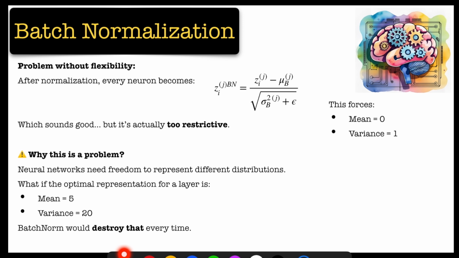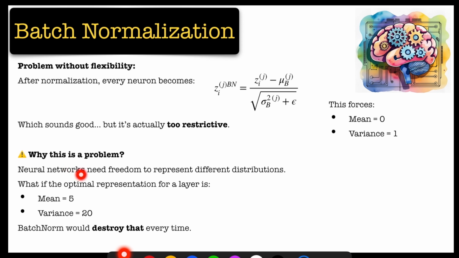But let's say we want a stable distribution, but that's not mean 0 and variance 1. Some stable distribution we want for an input layer, or for a hidden layer, but that's not necessarily mean 0 and variance 1. What if for a data, the optimal representation is mean 5, variance 20?